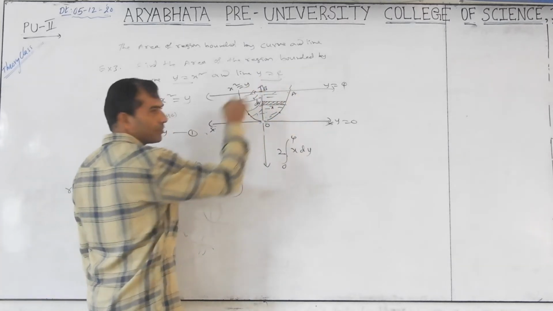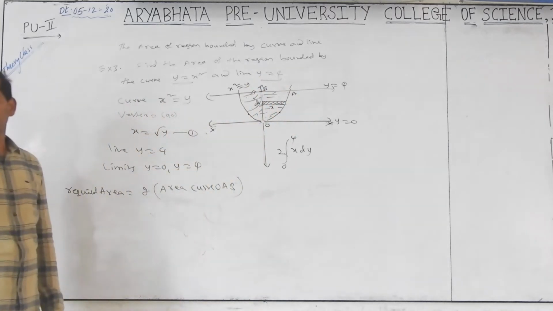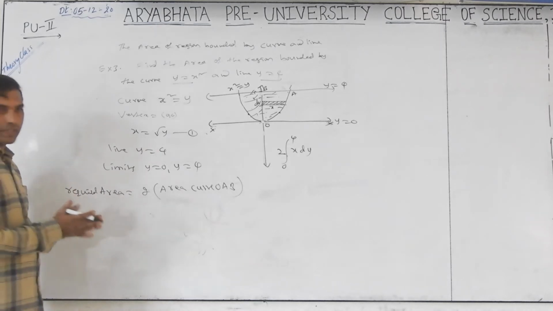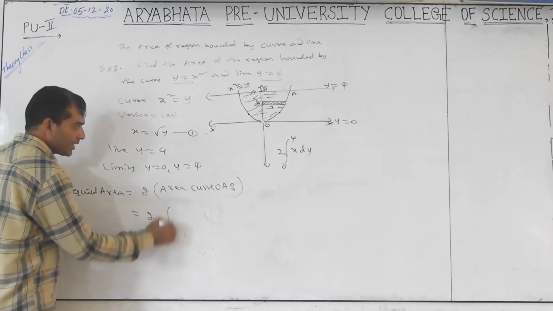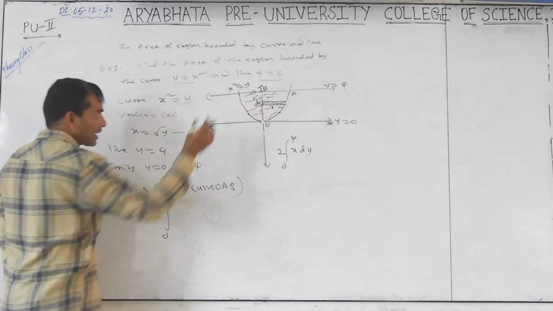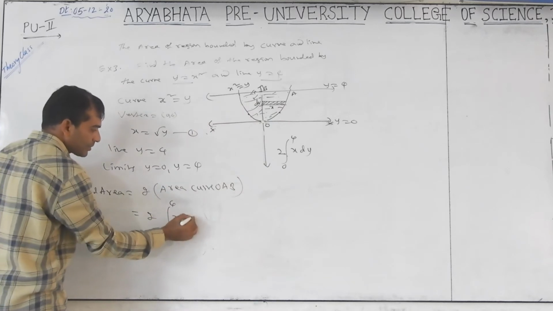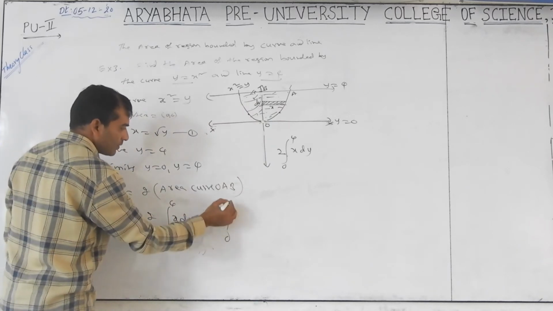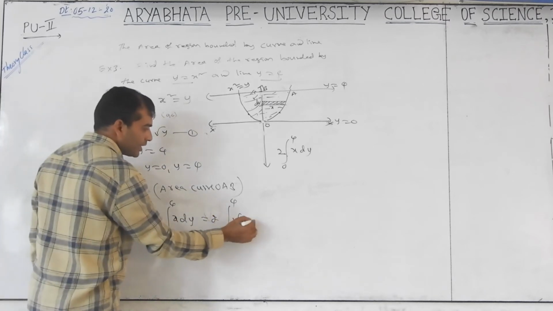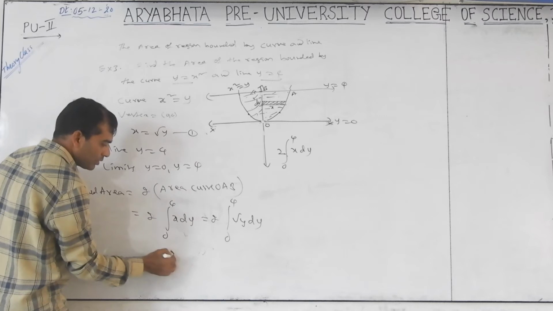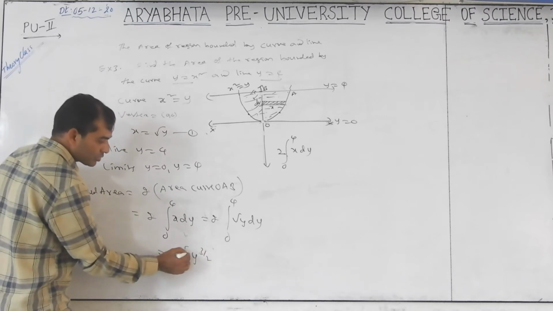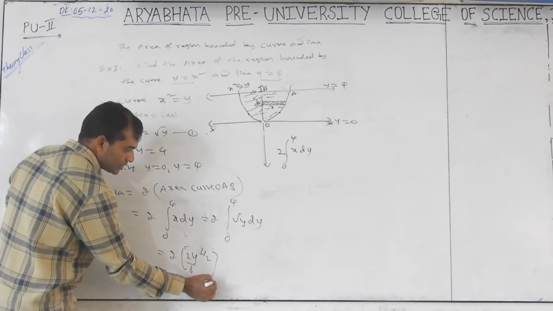It is bounded with the y-axis, not the x-axis, so we should take the y limits only. 2 into the area bounded by the limits 0 to 4. The small strip area of the rectangle is x dy. So 2 into the integration from 0 to 4 of x, where x is equal to root y, into dy. So 2 into the integration of root y, which is y power 3 by 2 divided by 3 by 2, with limits 0 to 4.